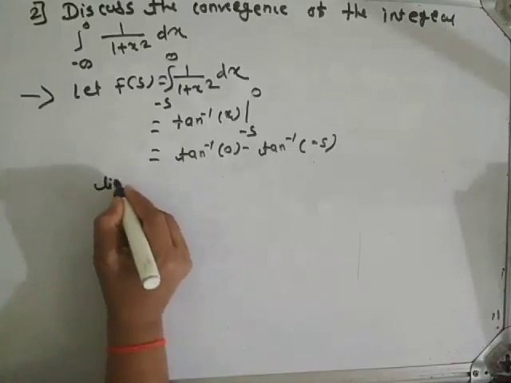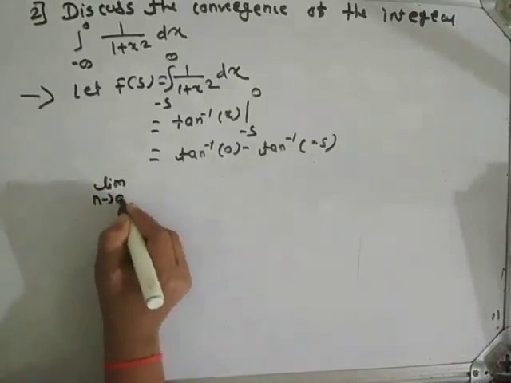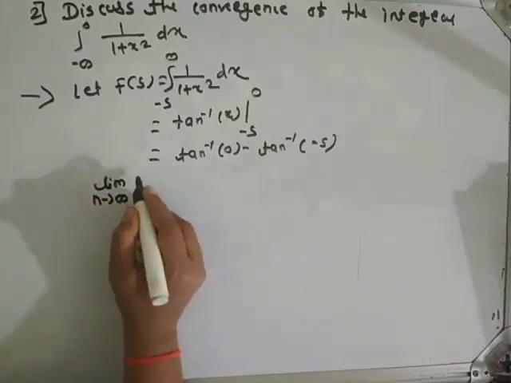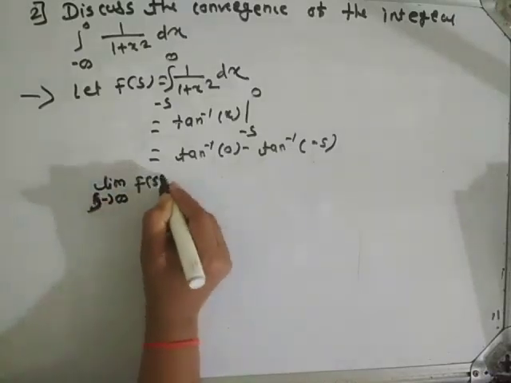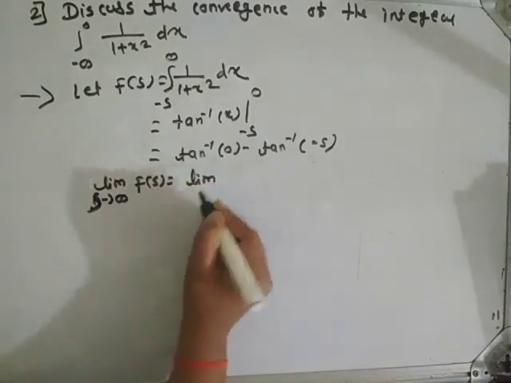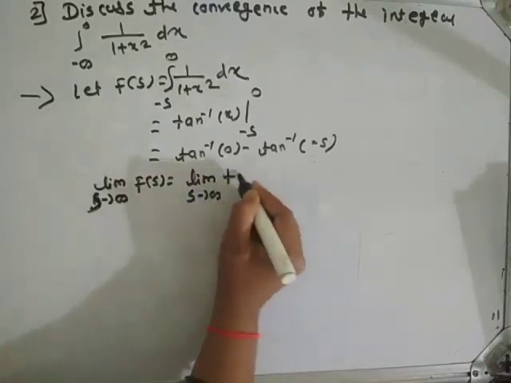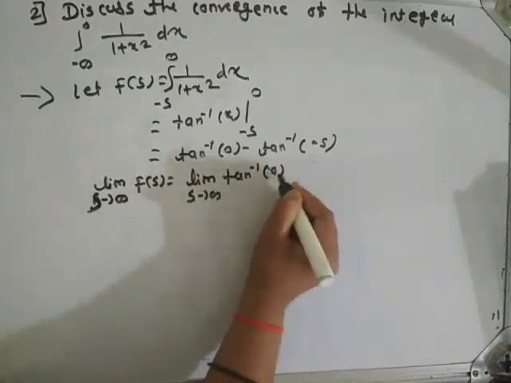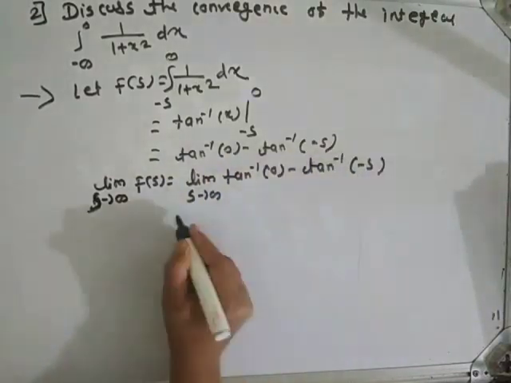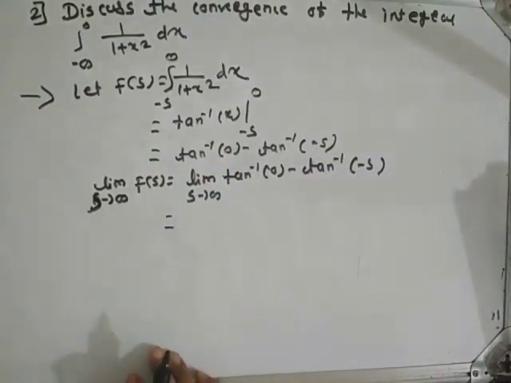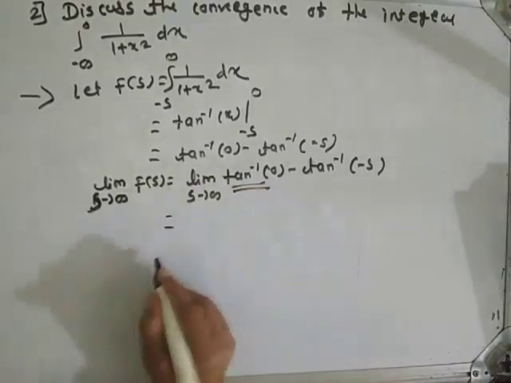Apply limit on both sides. Limit s tends to infinity of F of s is equal to limit s tends to infinity of tan inverse of 0 minus tan inverse of minus s. Tan inverse of 0 is 0.